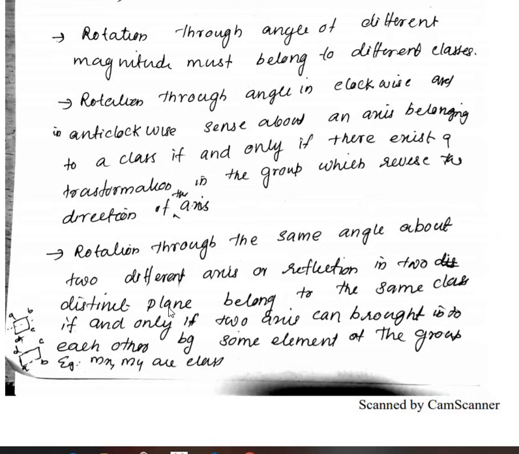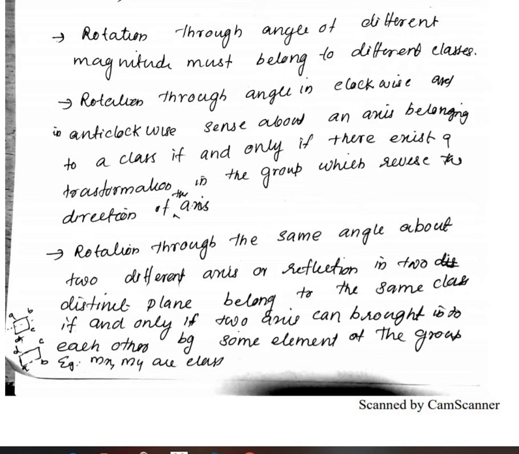Rotation through the same angle about two different axes, or rotation in two distinct planes, belong to the same class if and only if the two axes can be rotated into each other by some element of the group. So for Mx and My, from Mx we will get My by the application of C4.